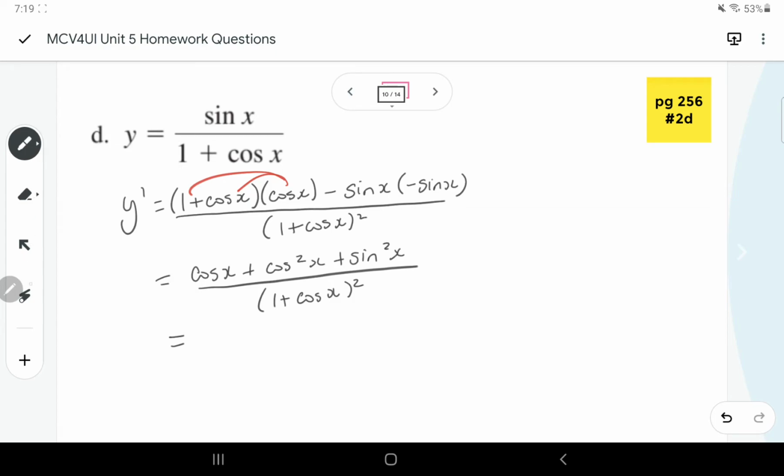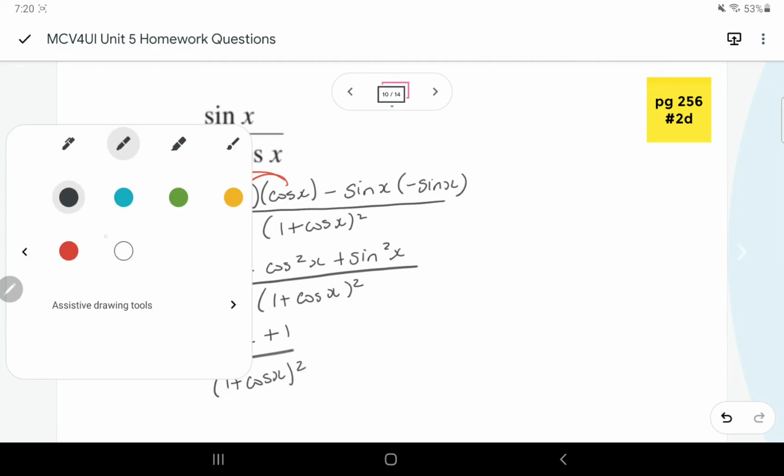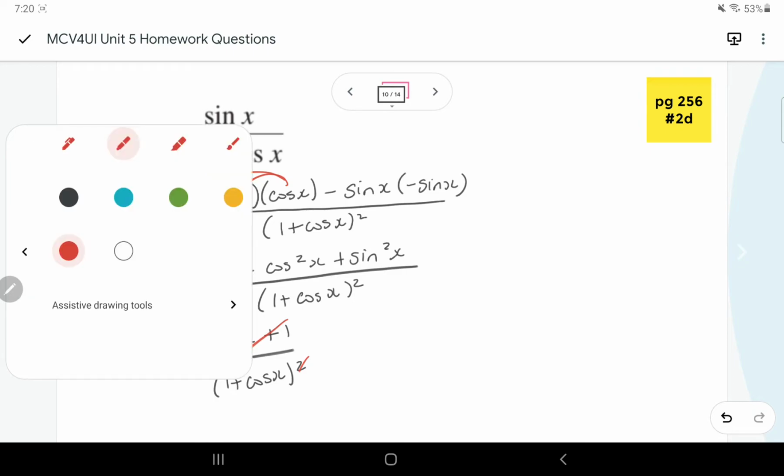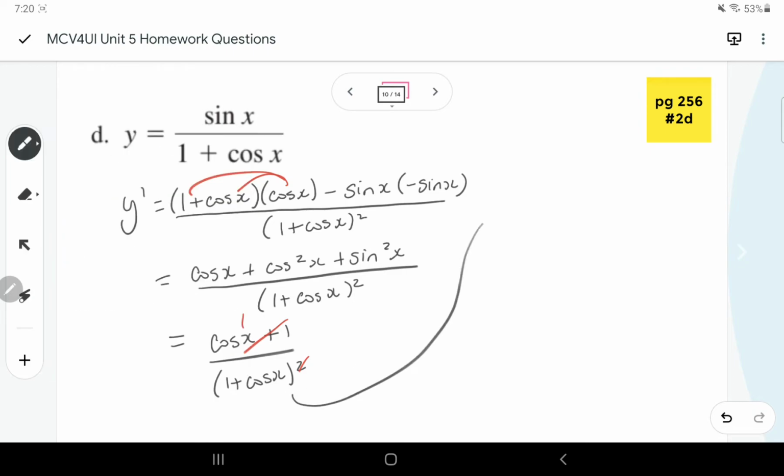We see the identity here, cos squared x plus sine squared x, that's 1. So then cos x plus 1 over 1 plus cos x squared, that will reduce. So I'll have a 1 on the top and just that 1 plus cos x on the bottom.